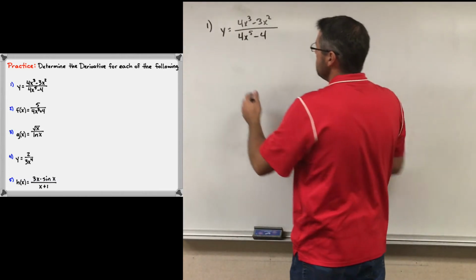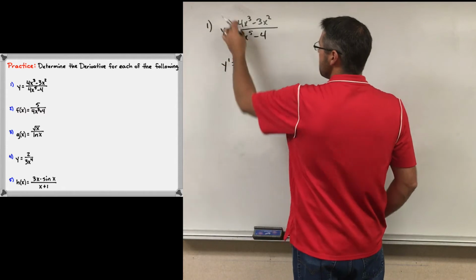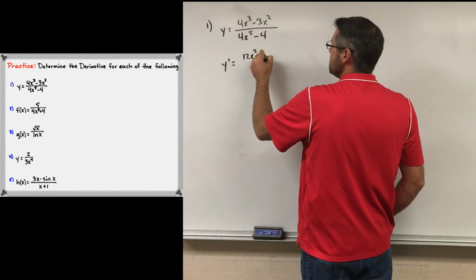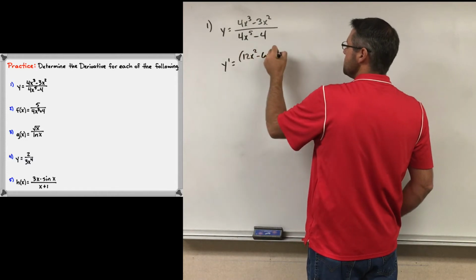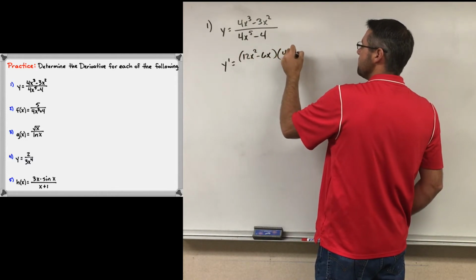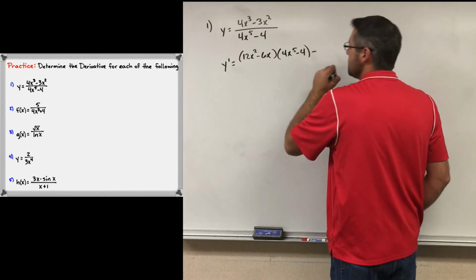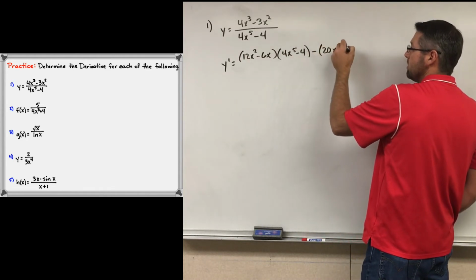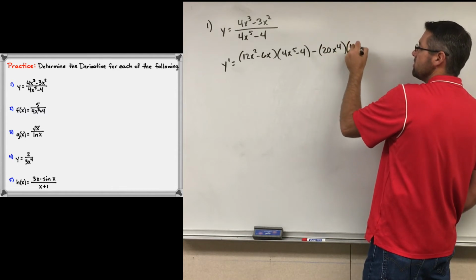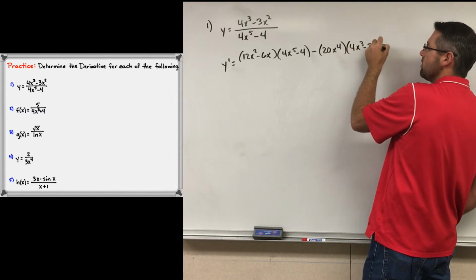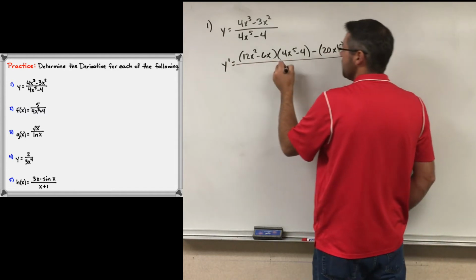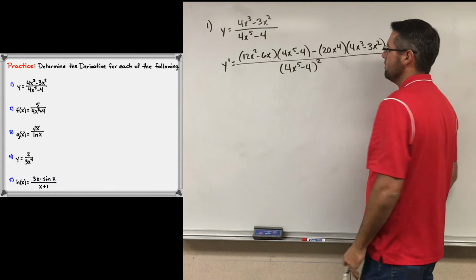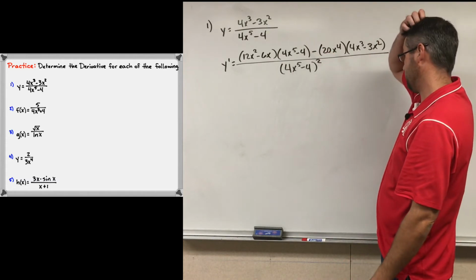We see that we have a quotient here, so it's going to be y prime equals the derivative of the top, so 12x squared minus 6x, put those in parentheses, times the bottom, so times 4x to the 5th minus 4, minus the derivative of the bottom, which is 20x to the 4th, and that's it, times the top, so times 4x cubed minus 3x squared, all over 4x to the 5th minus 4 squared. So that is my derivative.